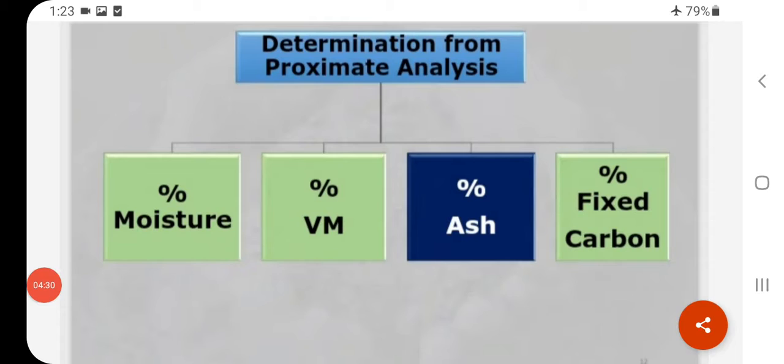In the proximate analysis, the desiccator is used for cooling the crucible, the oven is used for moisture extraction, and the muffle furnace is used for volatile matter extraction.